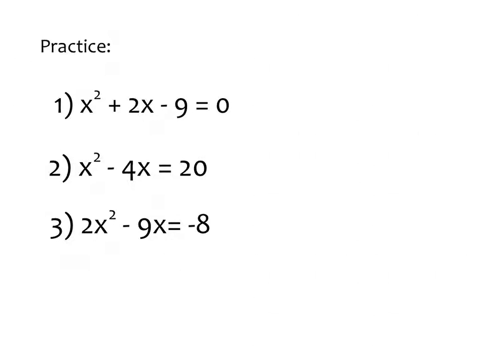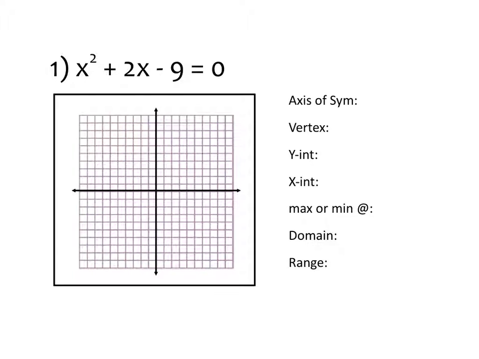Now I have 3 more problems for you to practice. I will go through the first one with you. Okay, let's take a look at this function. We are going to graph this function and tell a little bit more about it, and I'm guessing that we are not going to have integral answers, which means we will have answers that are perhaps decimals. So let's first get started by finding the axis of symmetry.